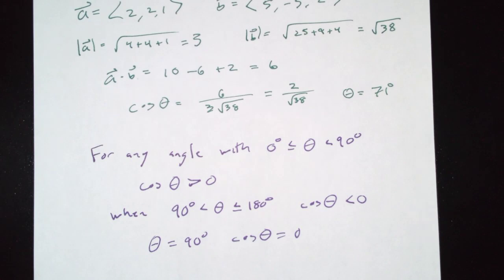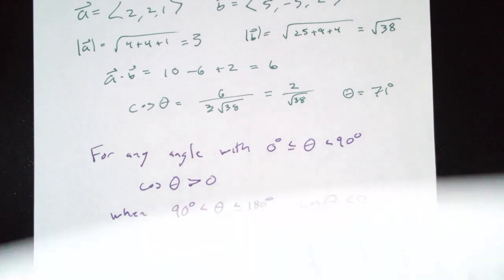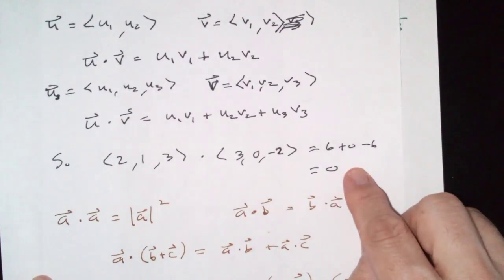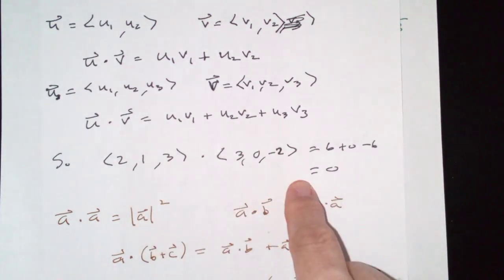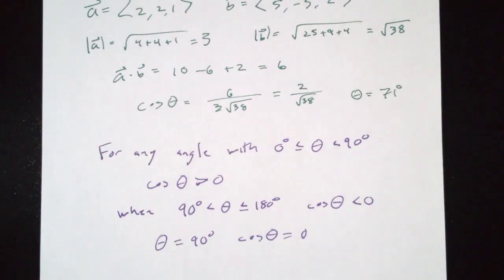Didn't we get 0 in one of our earlier calculations? We did a dot product back here and got 0. So that means that the angle between these two vectors is exactly 90 degrees.